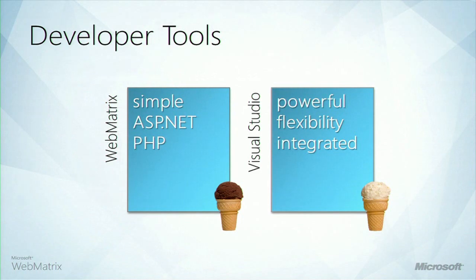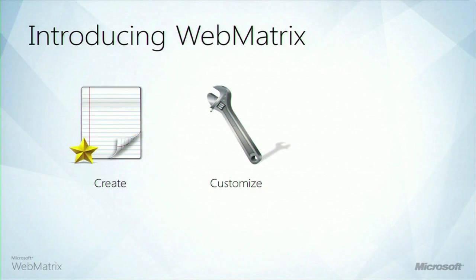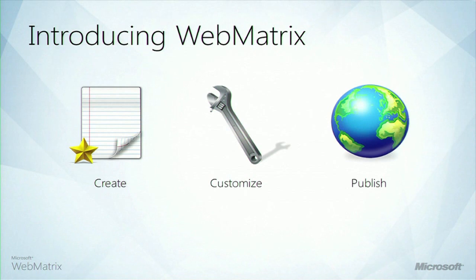Additionally, Visual Studio, which is our flagship developer product, is very powerful, flexible, and integrated, allowing you to go all the way from architecture through the testing and development phase of your project on into quality assurance, managing the full life cycle of your application. WebMatrix, very simple, designed to help you create, customize, and publish in a very simple and elegant way.